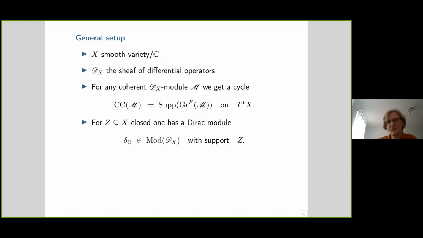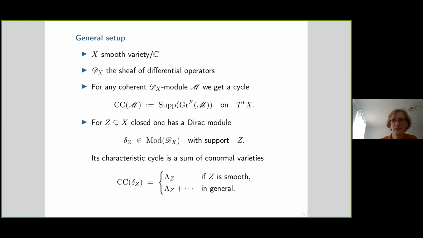If you take a closed subvariety, you can always define a Dirac module, or if you prefer to think topologically, it's a perverse intersection complex supported on that subvariety. And its characteristic cycle in the smooth case is just the conormal bundle to the variety.